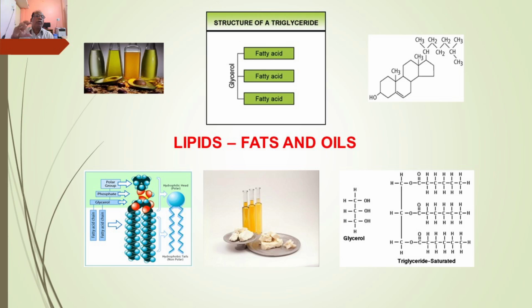So phospholipid consists of a hydrophilic head and hydrophobic tails. The hydrophilic head is composed of glycerol together with the phosphate group, that will form a hydrophilic head, and a chain of fatty acids in association with the hydrophilic head is the hydrophobic tail. So the hydrophobic tails of the phospholipid are composed of fatty acids.